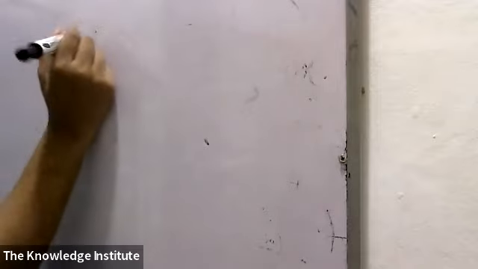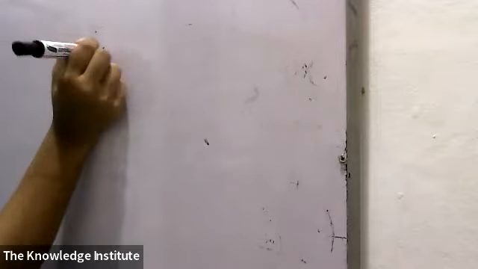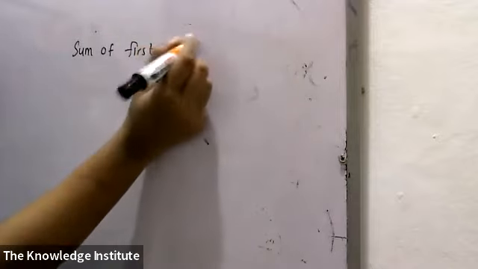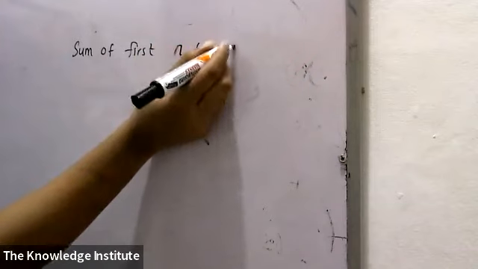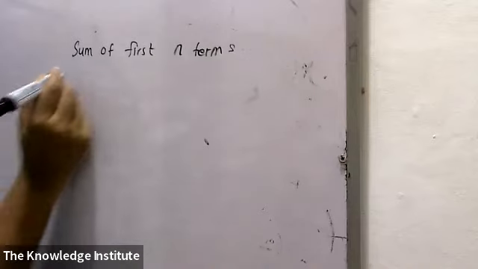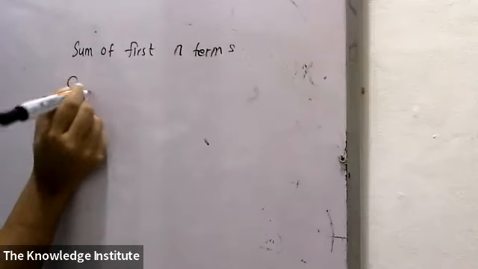sum of arithmetic progression, or sum of first n terms. Okay, it's simple. So if you want to find the sum, I'll just take it as Sn.